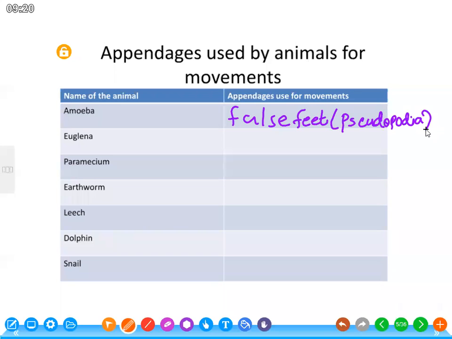Then euglena. Appendages used for movements, flagella. Then paramecium, appendages used for movements, cilia.